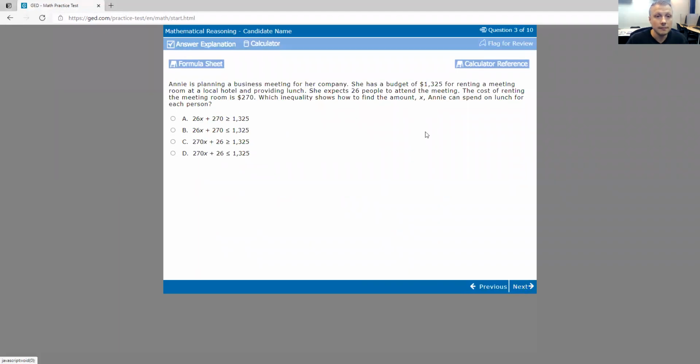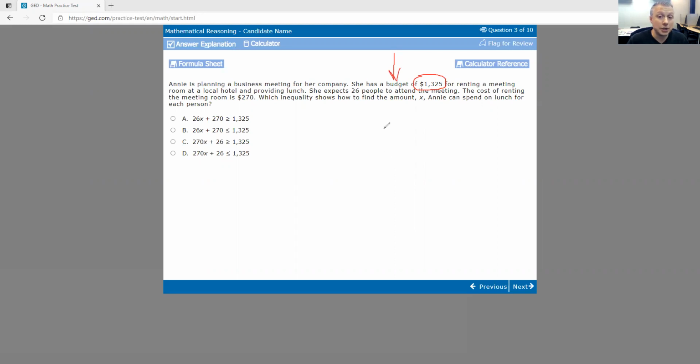So, okay, let's take a look at a word problem that we have to translate into, it looks like here, an inequality. So it says Annie's planning a business meeting for her company. She has a budget of $13.25. Now we have to explain here the word budget, right?